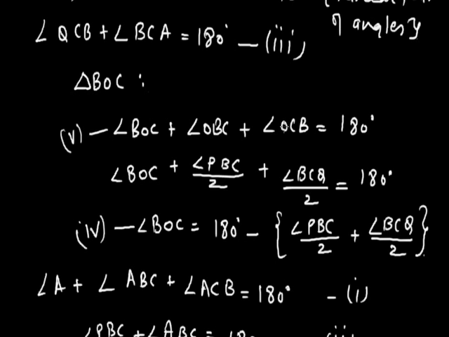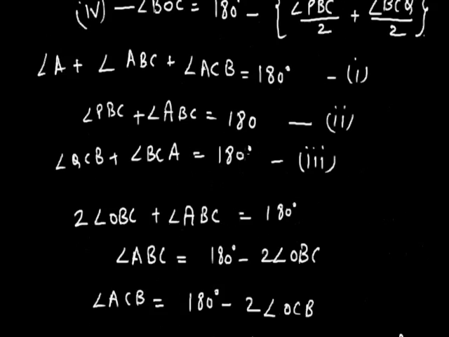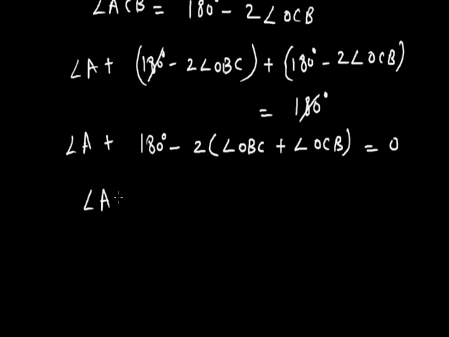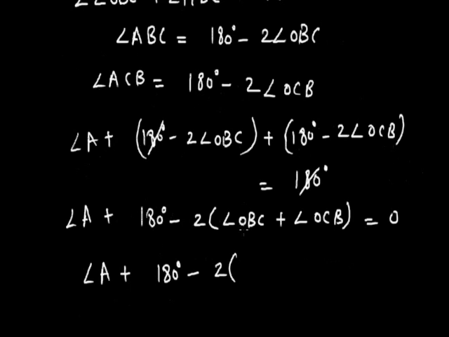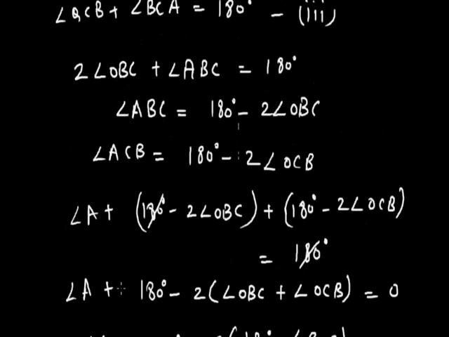I'll get angle OBC plus angle OCB is equal to 180 degrees minus BOC. So in this equation I can put the value as angle A plus 180 degrees minus twice of angle OBC plus angle OCB, which is 180 degrees minus angle BOC, is equal to 0.